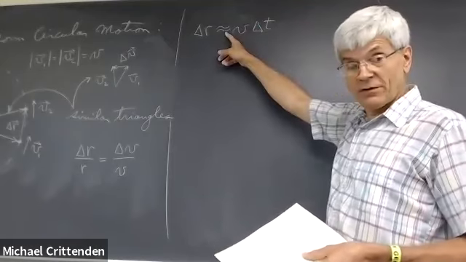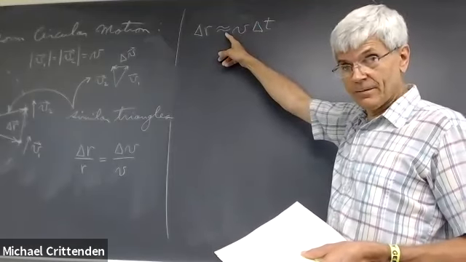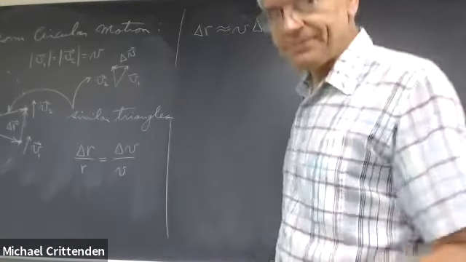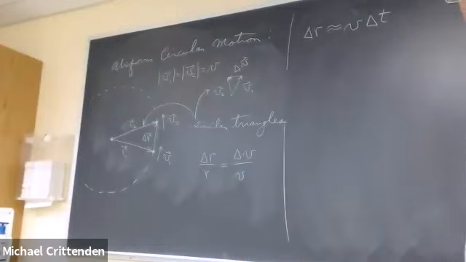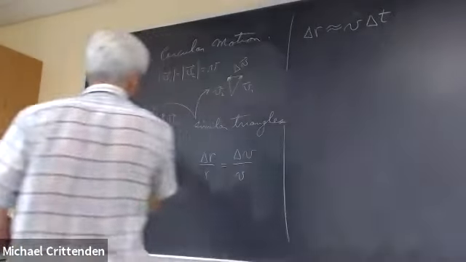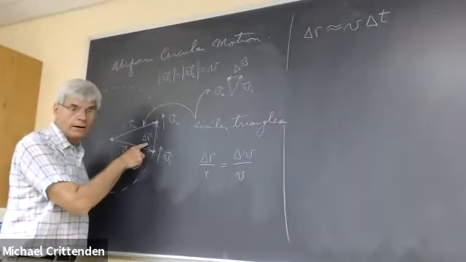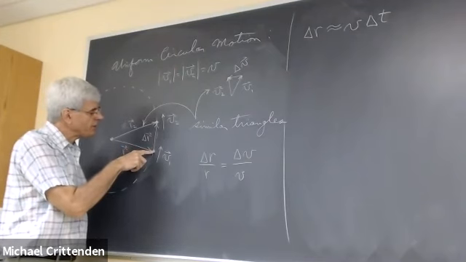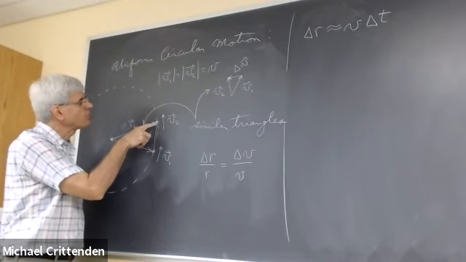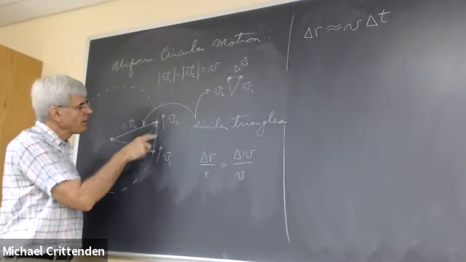The reason this is approximately equals is because if you wanna get into the details here, delta r, the length of this arrow, that's the straight line distance from this point to that one.